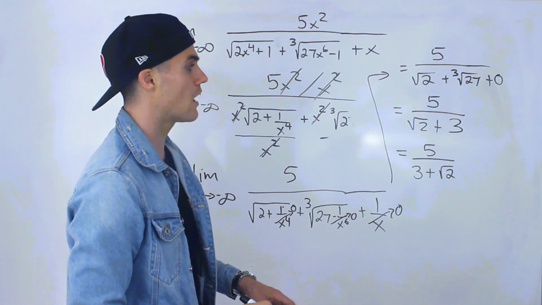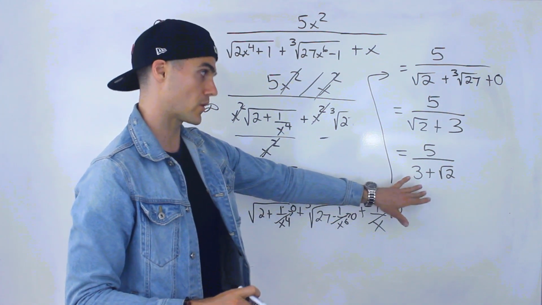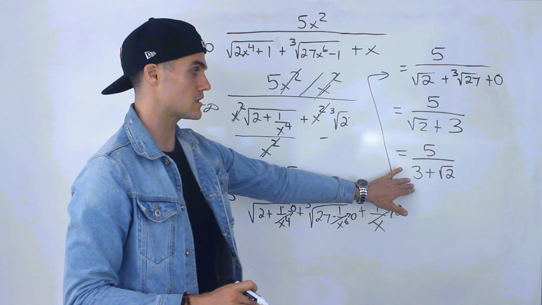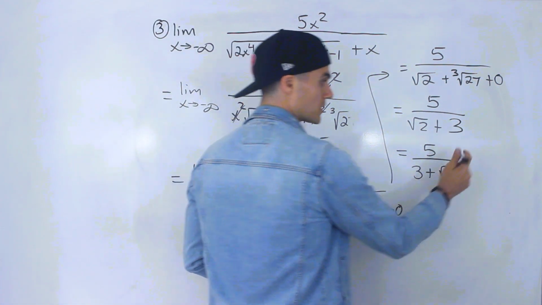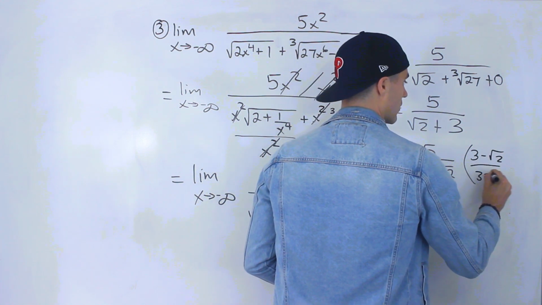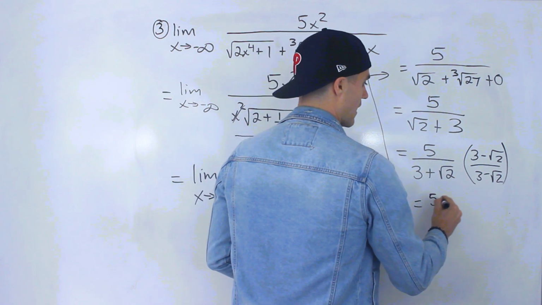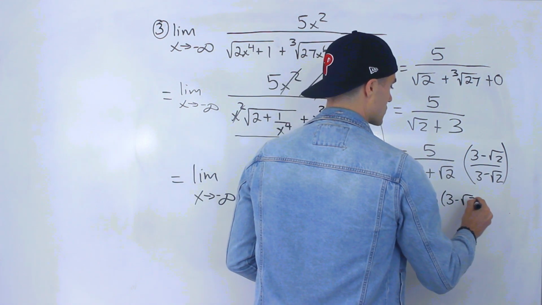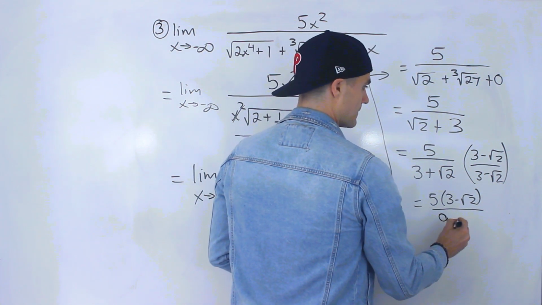Now what if you don't want to have any square roots in the denominator? You could rationalize this. Notice that this is a 2 term expression here, so you'd have to rationalize it by multiplying by its conjugate. So you'd multiply by 3 minus root 2. So you'd end up with 5 bracket 3 minus root 2 over 3 times 3 is 9.